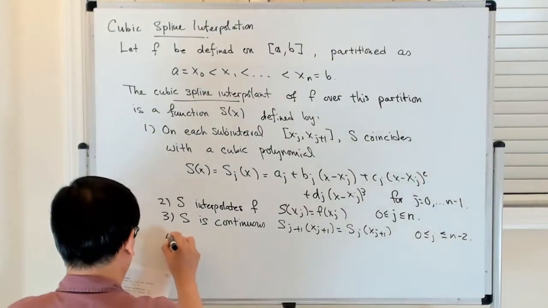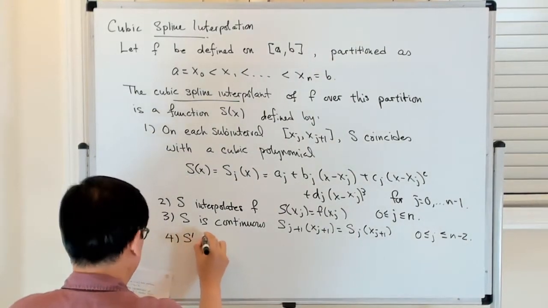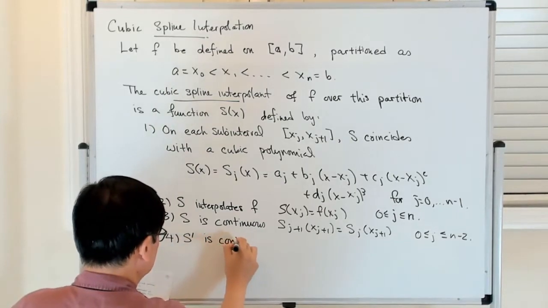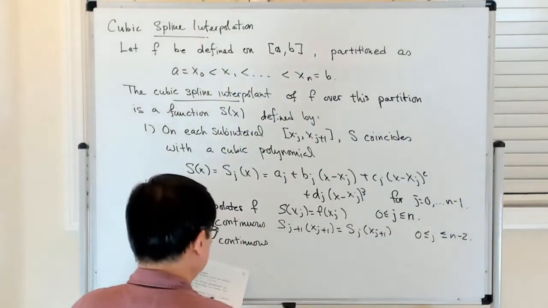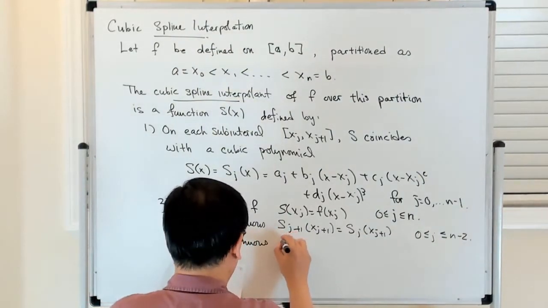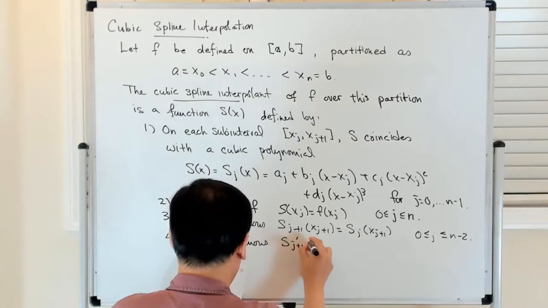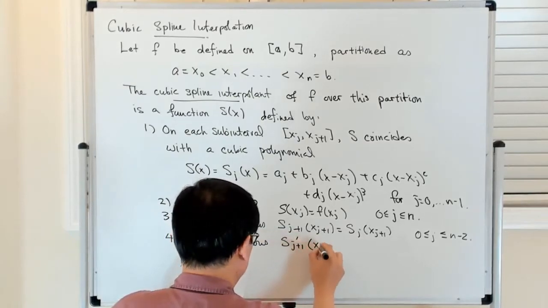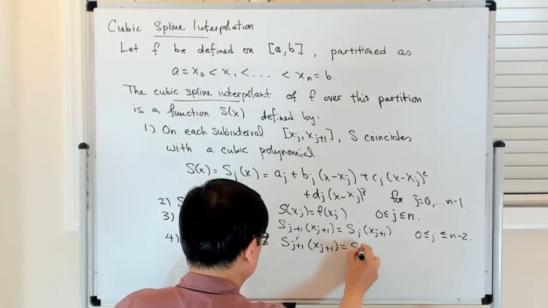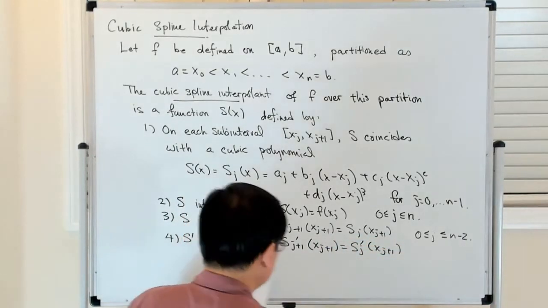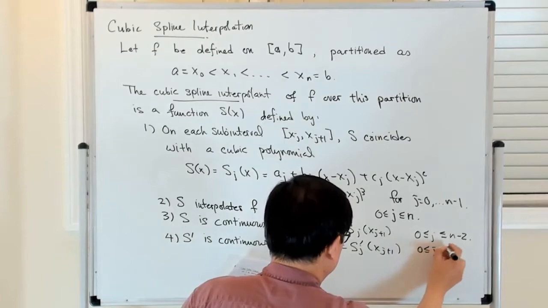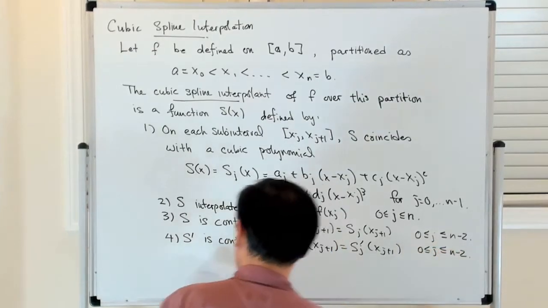And then the fourth condition is that S prime is continuous. So Sj plus 1 prime at xj plus 1 is equal to Sj prime at xj plus 1. Again, j is between 0 and n minus 2.